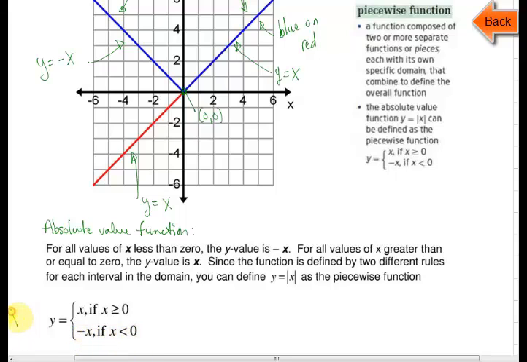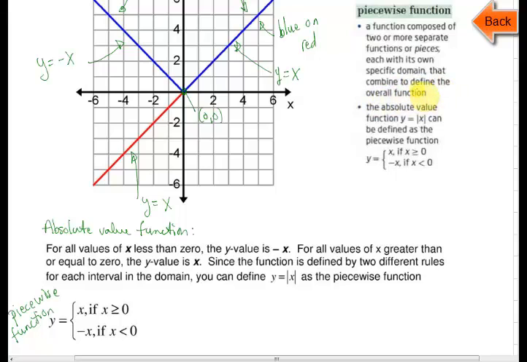So this is a piecewise function. And what it means, if you go to the right of the screen, is a function composed of two or more separate functions or pieces, each with its own specific domain, that combine to define the overall function.